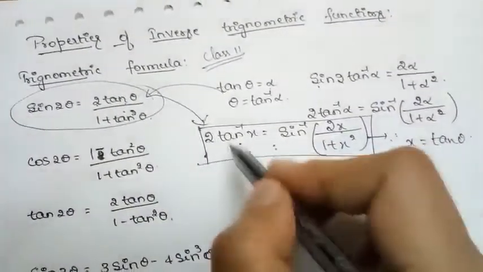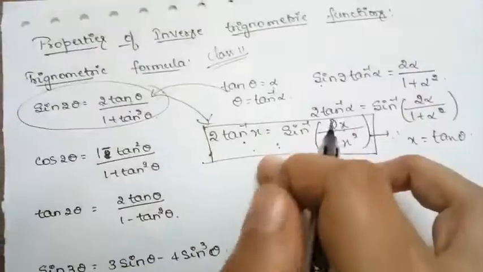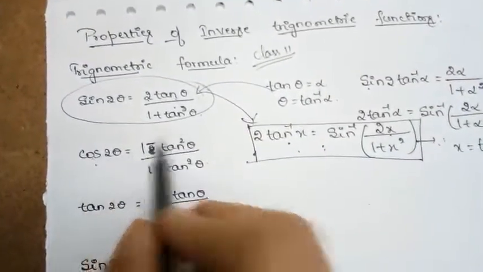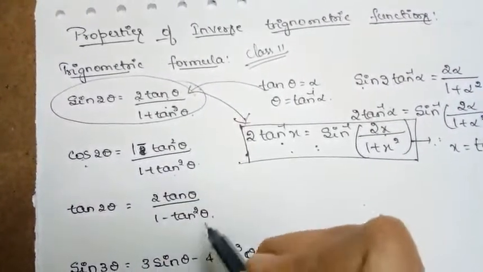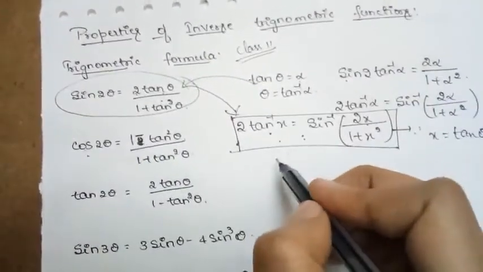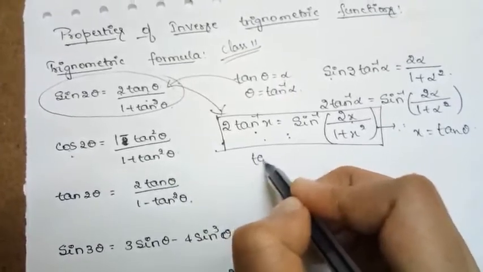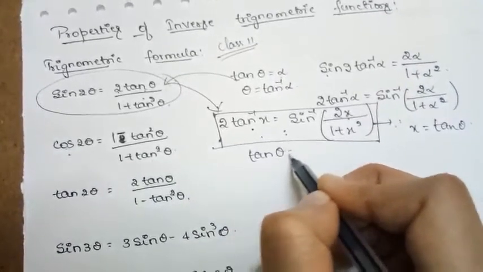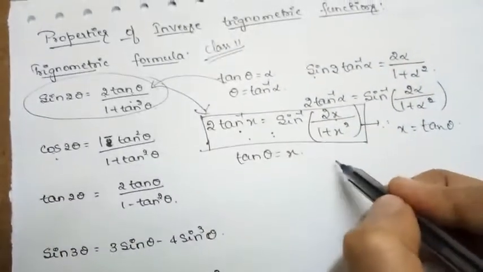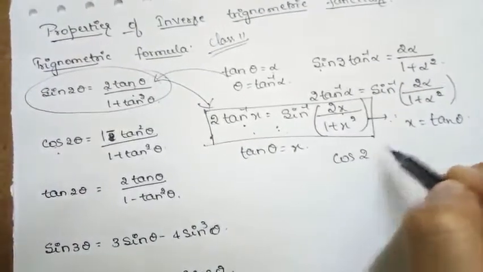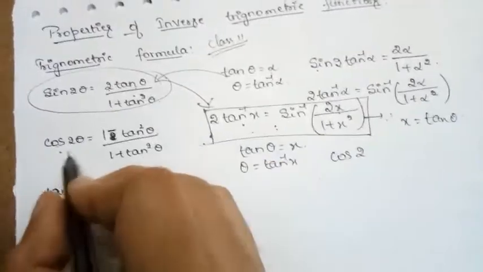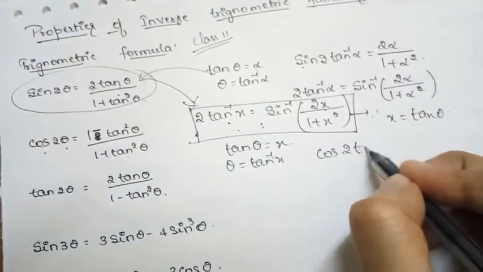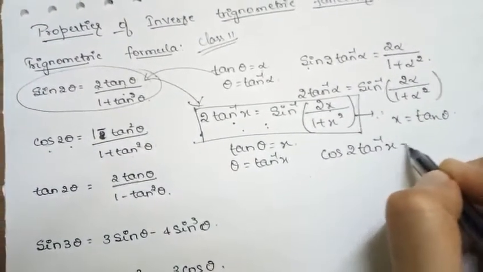Similarly, cos 2 theta is equal to 1 minus tan square theta divided by 1 plus tan square theta. Here also we take tan theta is equal to x. Then theta is nothing but tan inverse of x, so in place of theta I replace it by tan inverse of x.